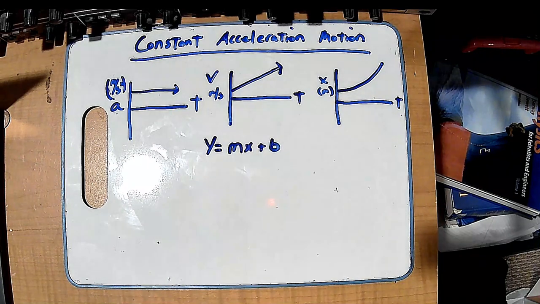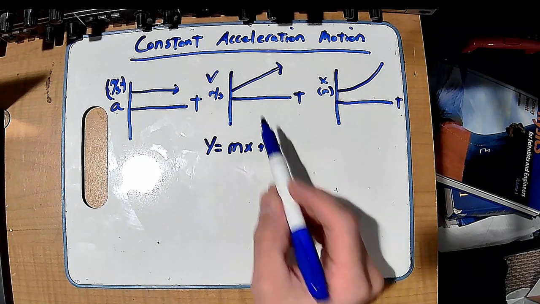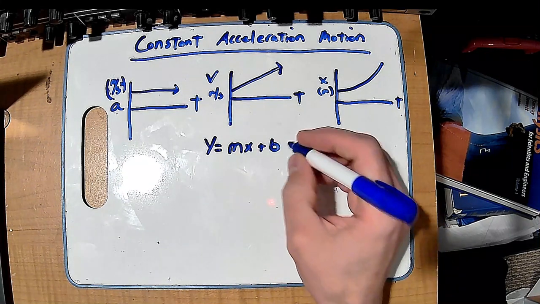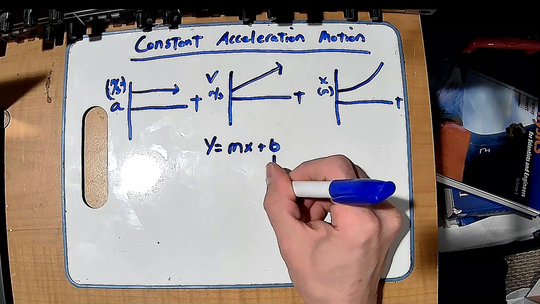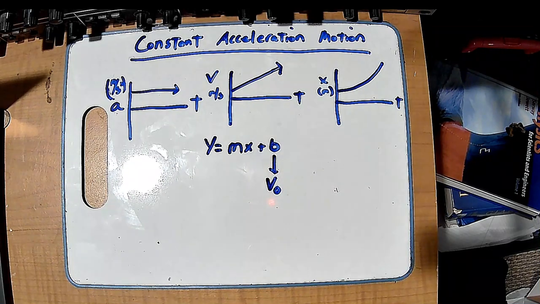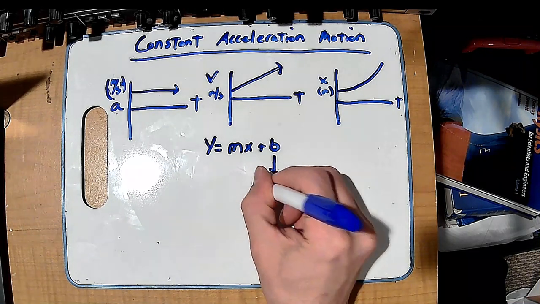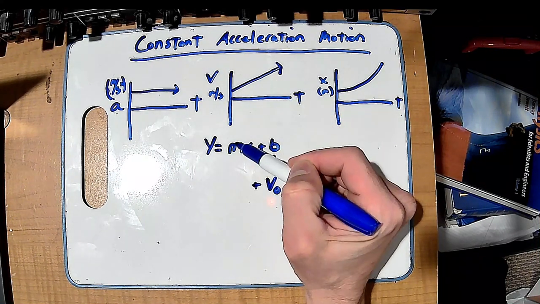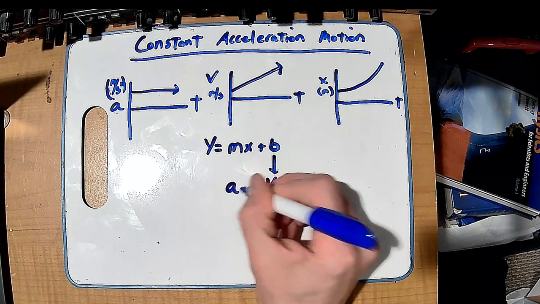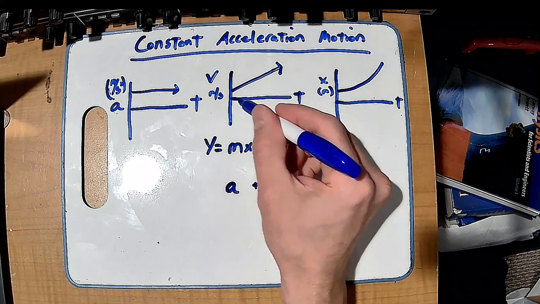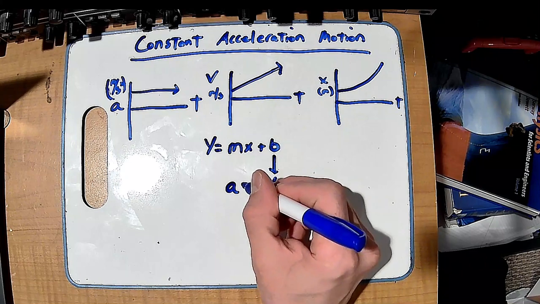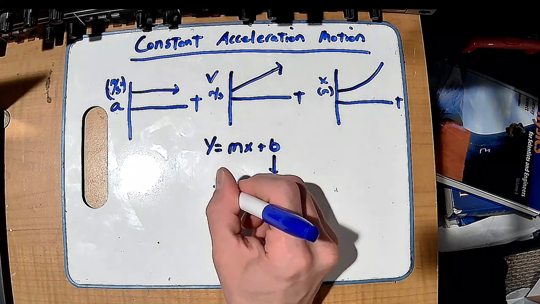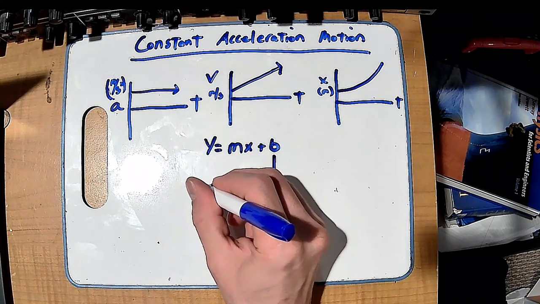Here, the y-intercept of the graph is the starting velocity, so this is the original velocity. The slope of this graph is the acceleration. What we have on the x-axis is time, and what we have on the y-axis is the velocity.